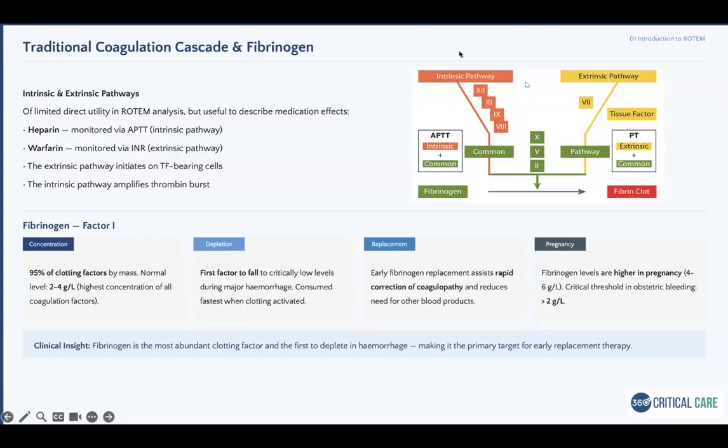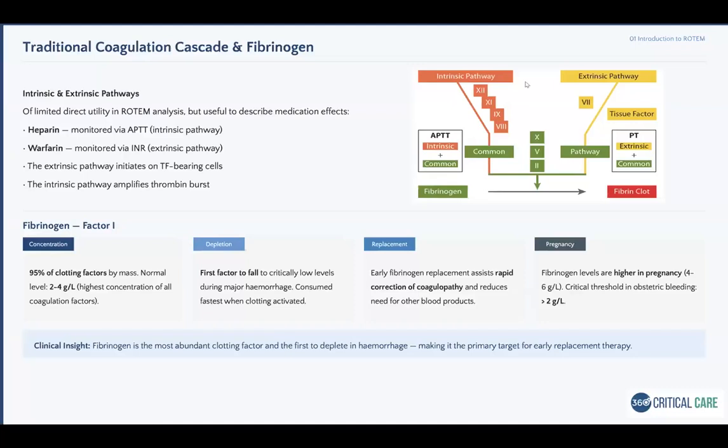The most important part of all of this coagulation factors, I think, is fibrinogen, which is called factor 1, because it forms 95% of the clotting factors by mass. The normal level is 2 to 4 grams per liter. It depletes very quickly because this is the first factor to fall during a coagulation process.